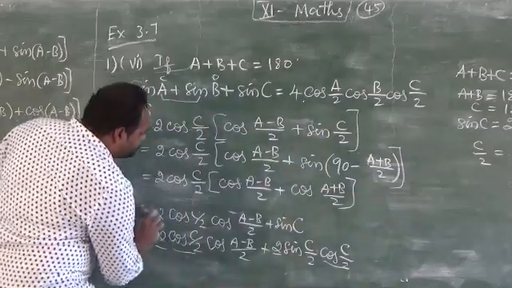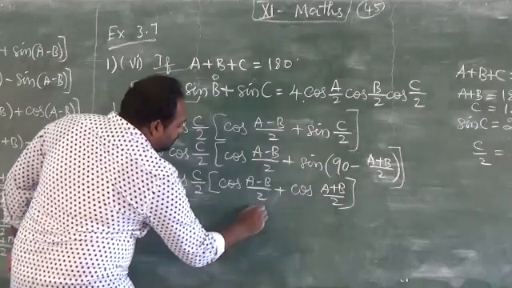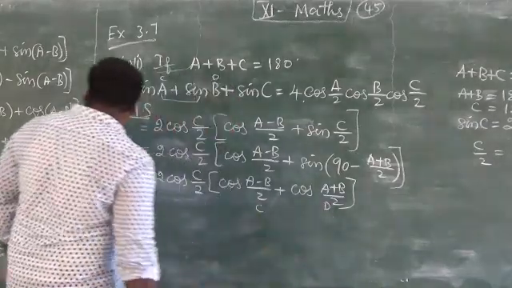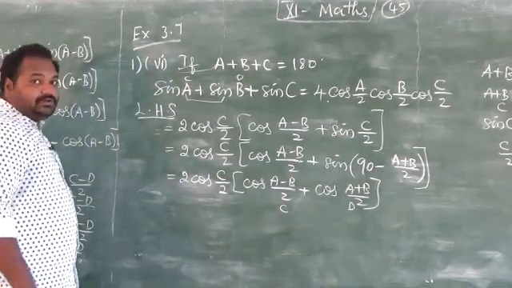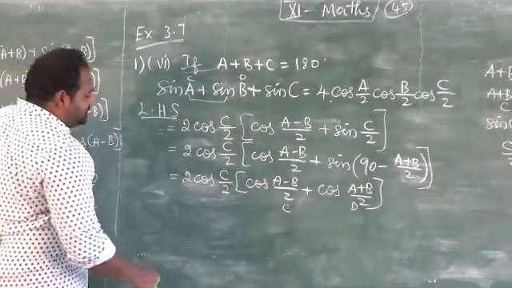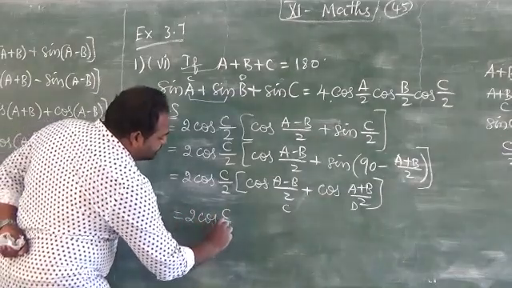Next, look at the bracket. We have cos c plus cos d, the same formula: 2 cos((c+d)/2) into cos((c-d)/2). So this will be 2 into cos(c/2) as it is.